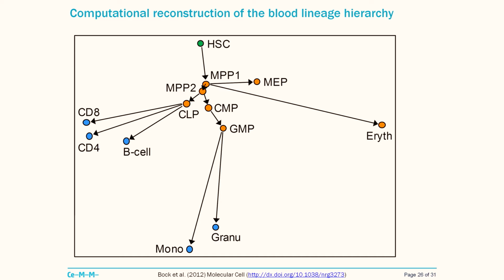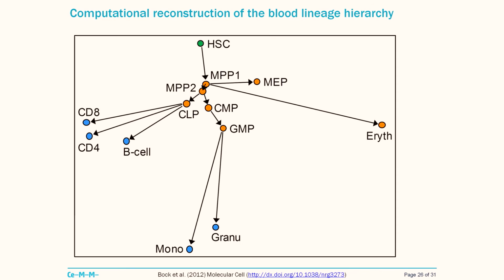But this is not just an illustration. This is a computer-generated diagram that was given as input only the DNA methylation data and the gene expression data for all these cell types, and was able to reconstruct what people believe is very close to the actual true hierarchy between these cell types.